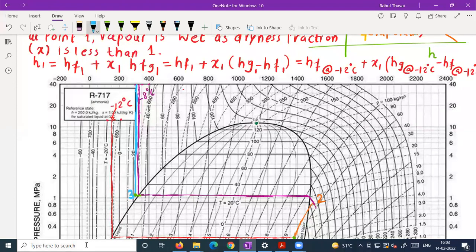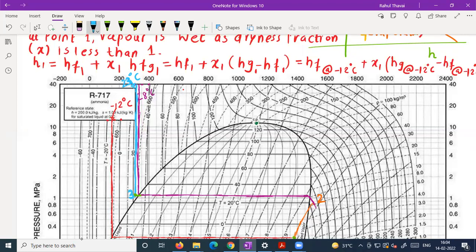This is point number 3, because on this line, what temperature do we have? We have 23 degrees Celsius, right? Is it okay? See, the 23 degrees Celsius line is coming down, and what is it intersecting? It is intersecting the constant pressure line.